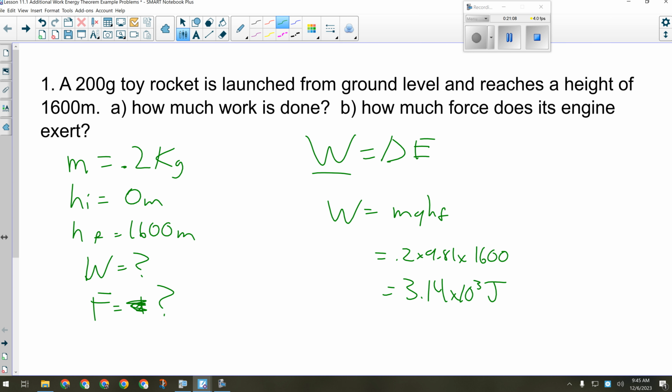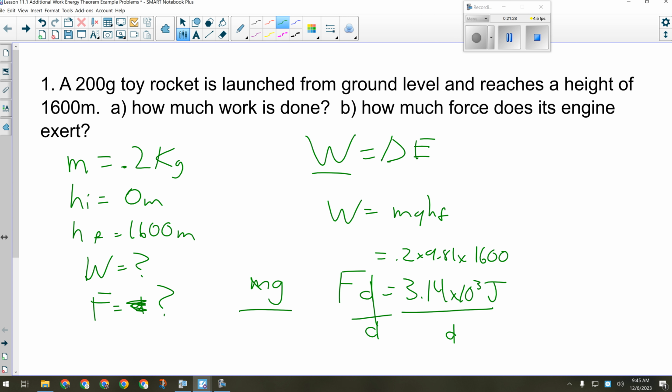All right, now how much force does its engine exert? Well, this number, since it's work, equals force times distance. Okay, so if I divide it by distance, what I'm really calculating is m times g, the force of gravity, right?